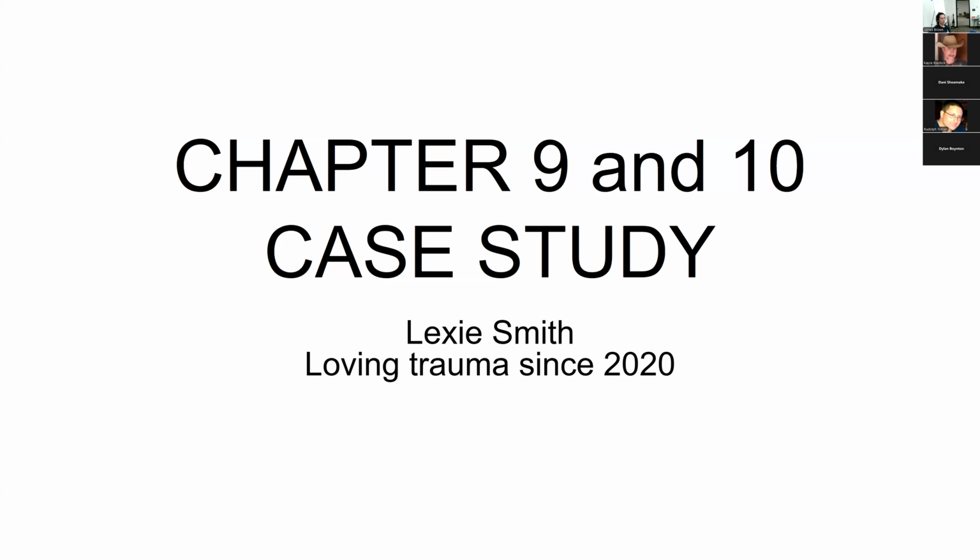All right, guys. So this is a very informal case study. I did not base it off of anything other than a similar patient that I've had. It's very open to interpretation, supposed to get you in the mindset of how you might handle a call, the things you might see, the way that you're going to be able to take chapter 9 and 10 and break it down into what's actually been seen in the field.